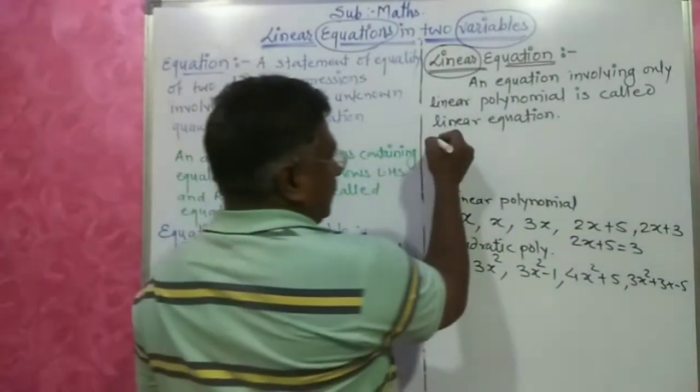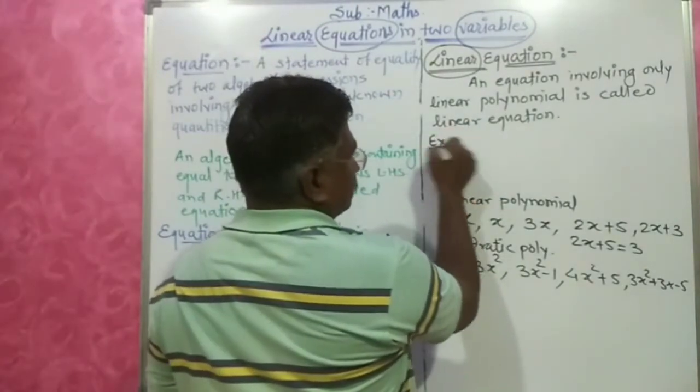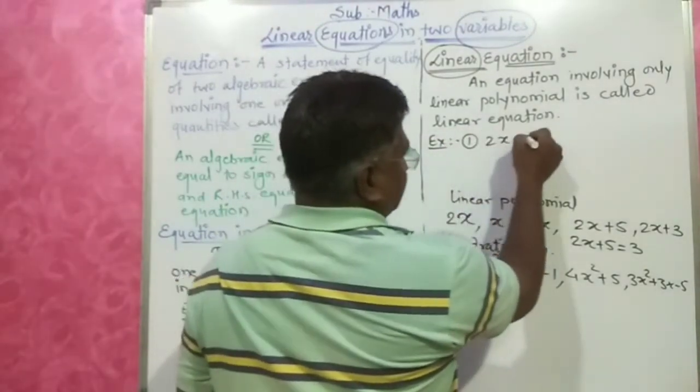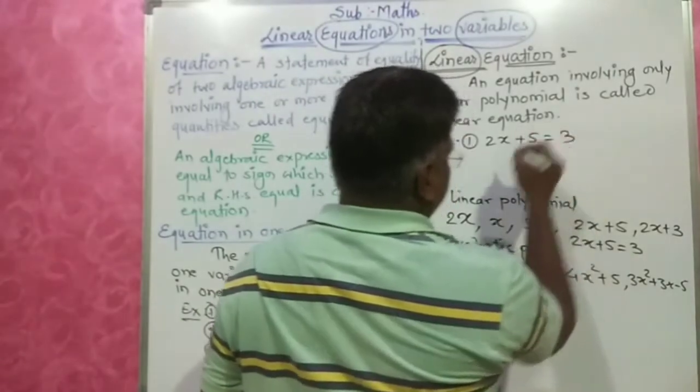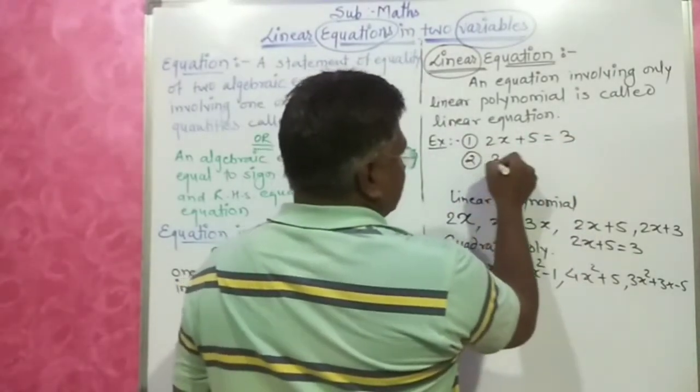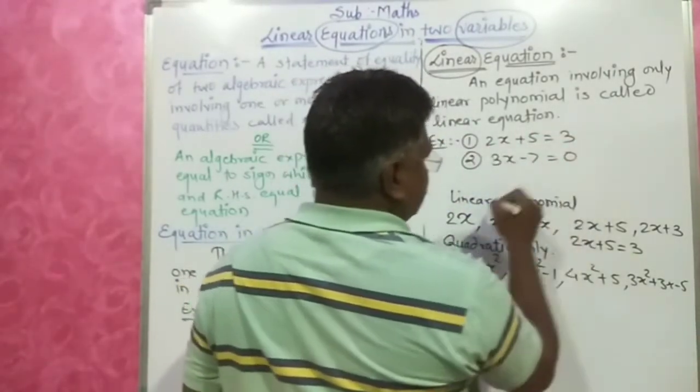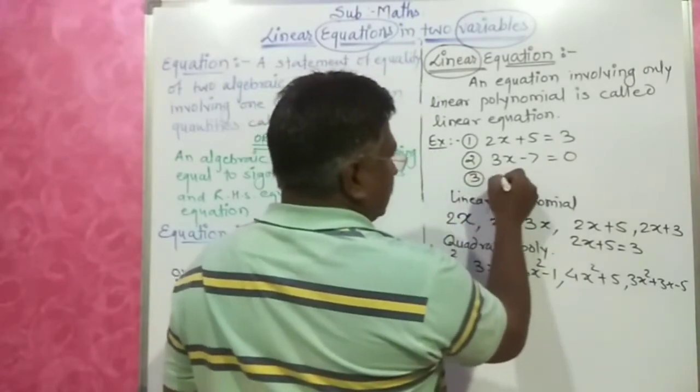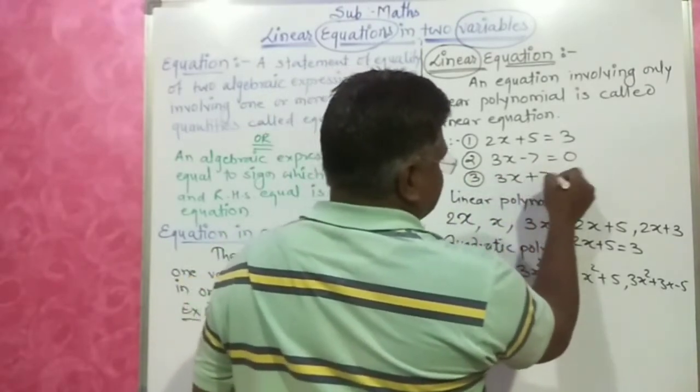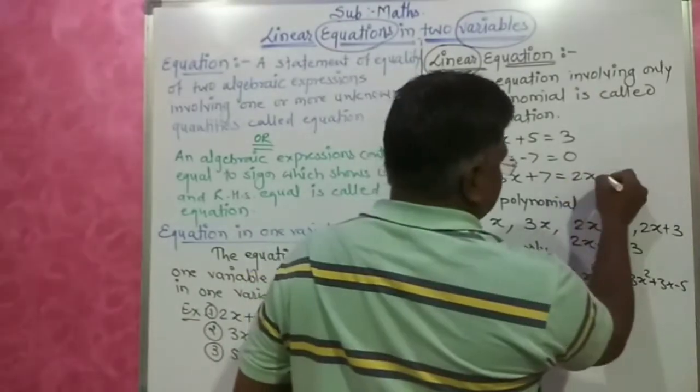So what are the examples of linear equation? 2x plus 5 equals 3. 3x minus 7 equals 0. 3x plus 7 equals 2x minus 3.